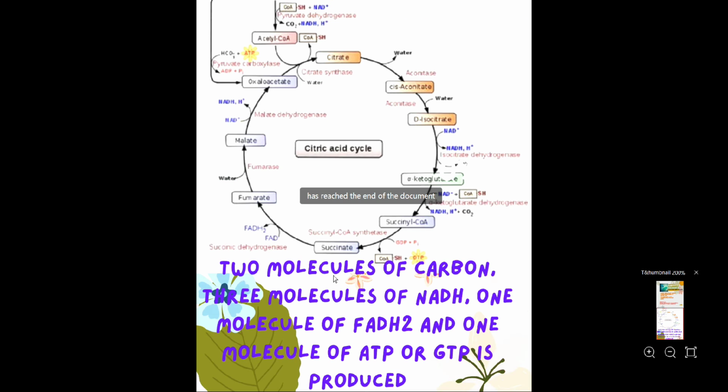As the result, 2 molecules of carbon dioxide, 3 molecules of NADH, 1 molecule of FADH2, and 1 molecule of ATP or GTP are produced. This is for a single pyruvate molecule.